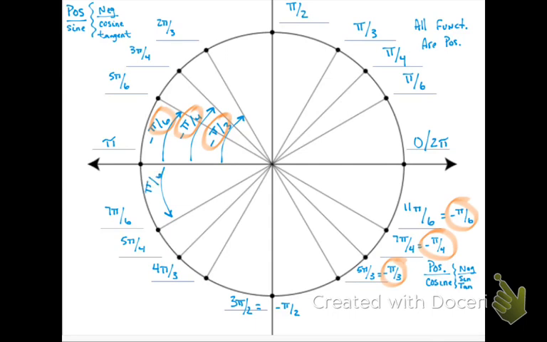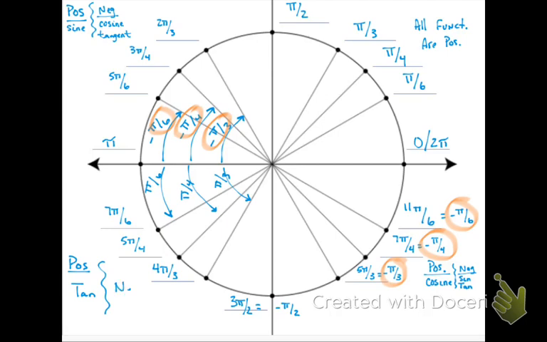Pi over 6, pi over 4, pi over 3. Now, if we end up down in this third quadrant, the only one that's going to be positive down here is going to be which one? Tangent's going to be the only one that's going to be positive.